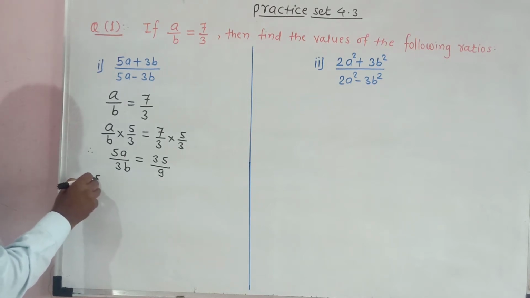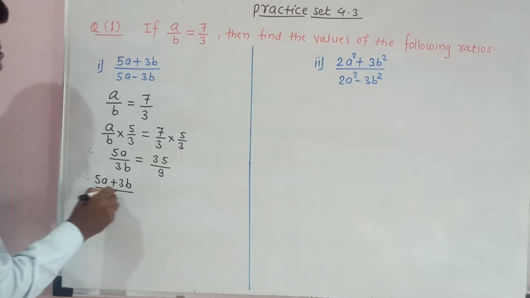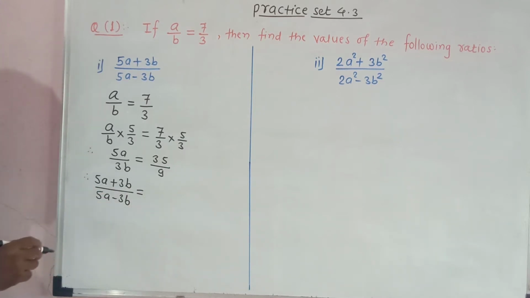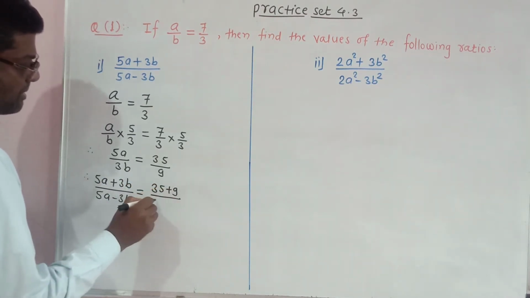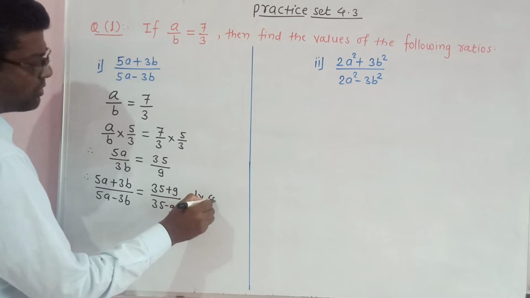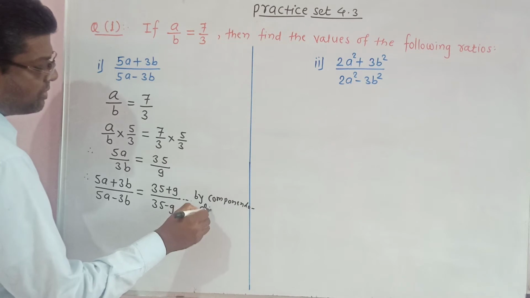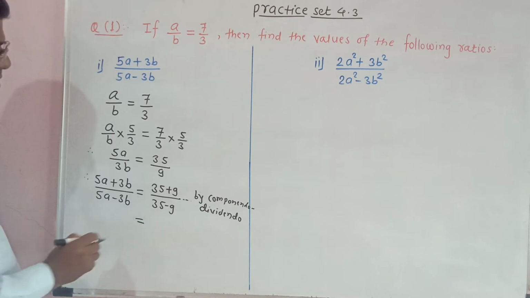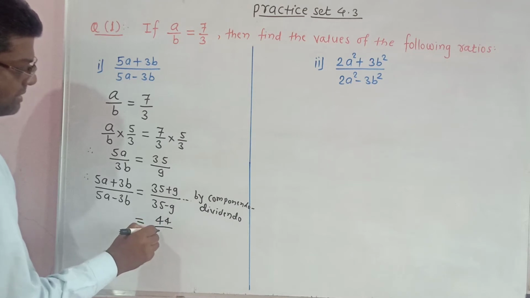Therefore we write here componendo dividendo, that is numerator plus denominator upon numerator minus denominator is equal to, here also we apply componendo dividendo, that is 35 plus 9 upon 35 minus 9, and reason is by componendo dividendo, is equal to 35 plus 9 is 44 and 35 minus 9 is 26.